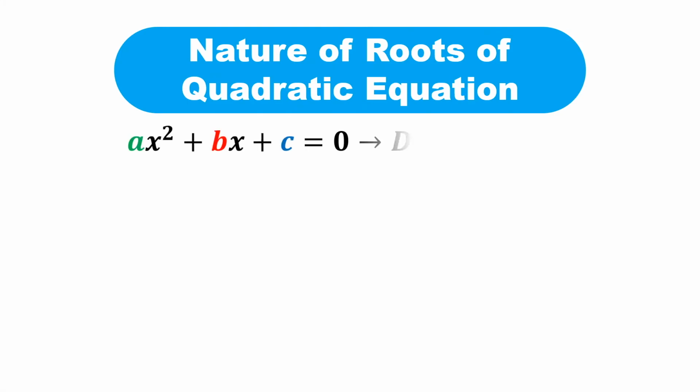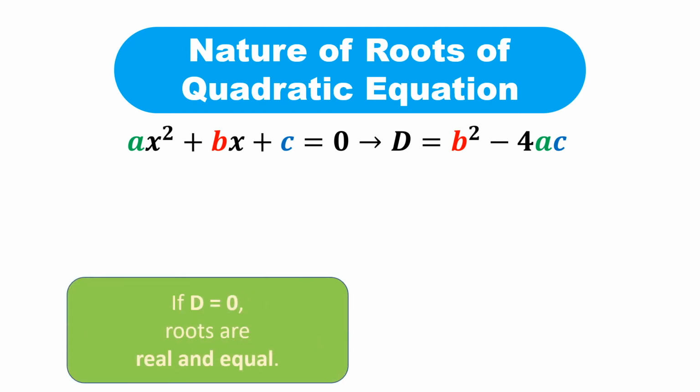Let's summarize the nature of roots of quadratic equation ax squared plus bx plus c is equal to 0 using the discriminant d is equal to b squared minus 4ac. Remember this. If the discriminant of a quadratic equation is 0, its two roots are real and equal.